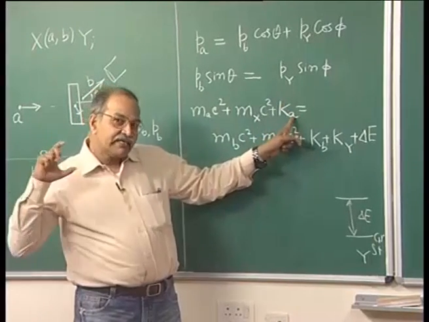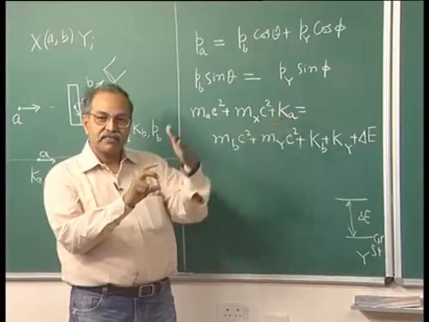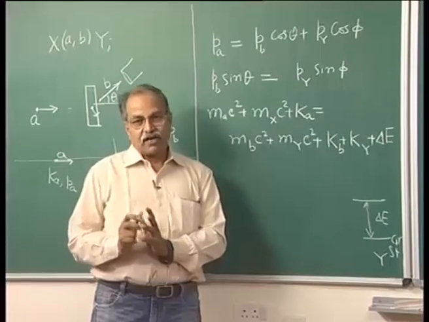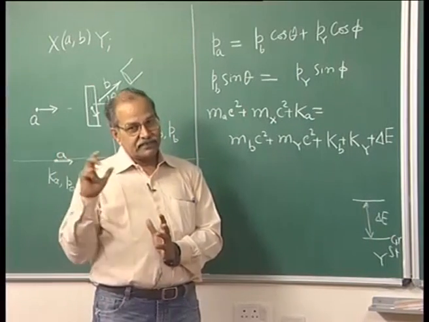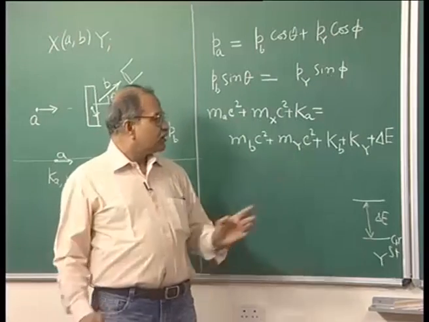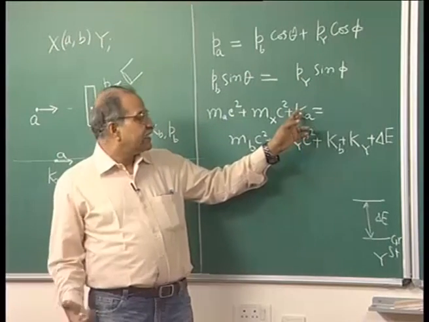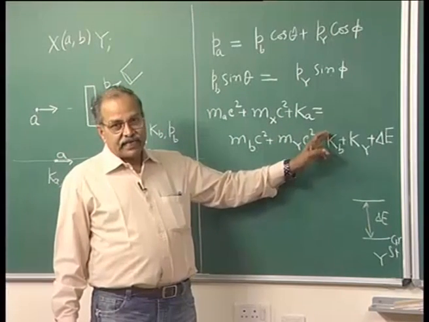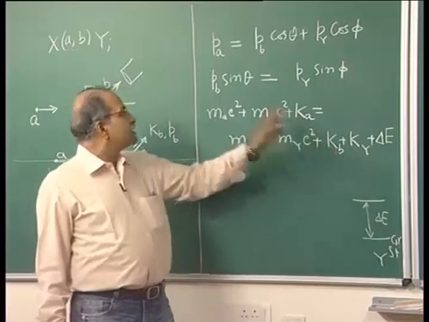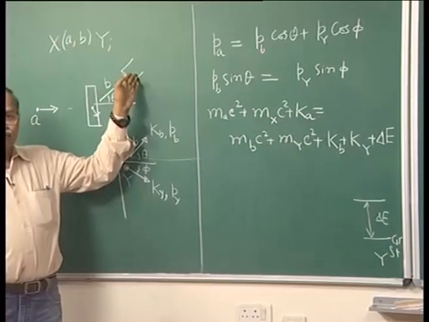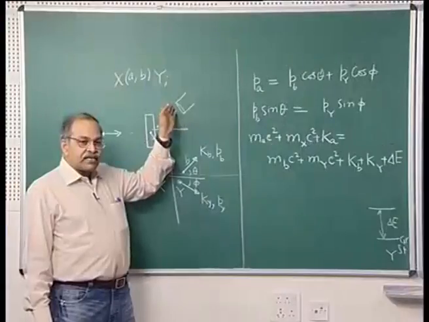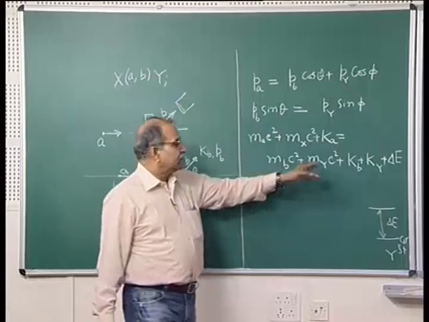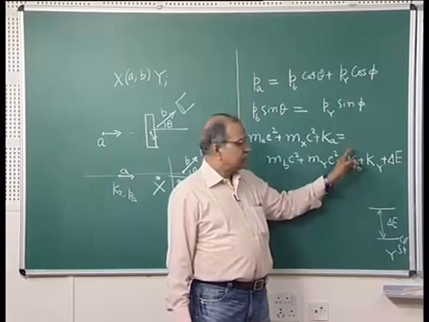Since we are sending the beam of particle A on the target nucleus, we control the kinetic energy of A. We set the kinetic energy with which we send this beam, so K_A is known. The kinetic energy of the B particle is measured in this detector. The electronics will tell us that a particle B has come with this kinetic energy, so that also comes out from the experiment.